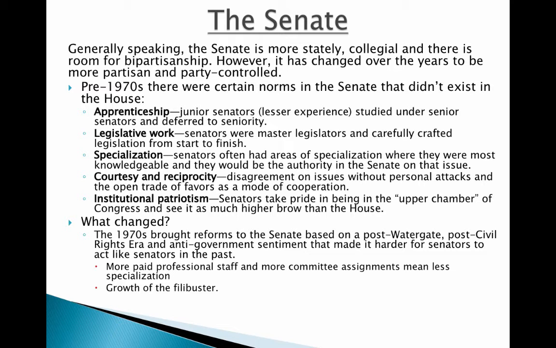The last two are kind of norms about how the Senate functions as a body. The first is courtesy and reciprocity. The Senate used to be, and still is to some extent, the more collegial body, where if you disagree, the first thing you do is you go talk to the person. You don't put them on blast on television, as the kids say.